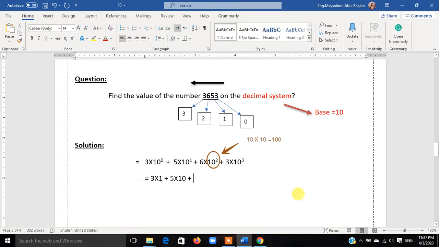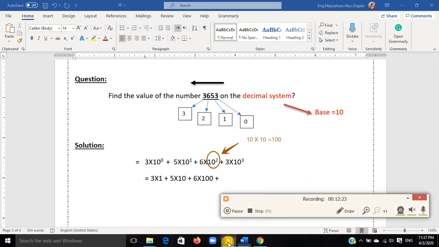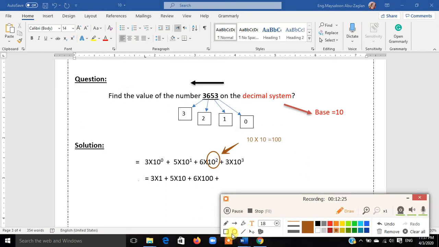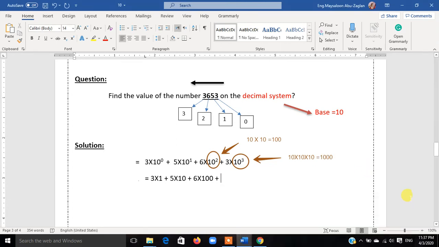So here it will be 6 multiplied by 100 plus, and this one will be the same. I'm going to multiply 10 by itself 3 times. It will be 10 multiplied by 10 multiplied by 10. The result will be 1000. You need to focus here to minimize the mistakes.